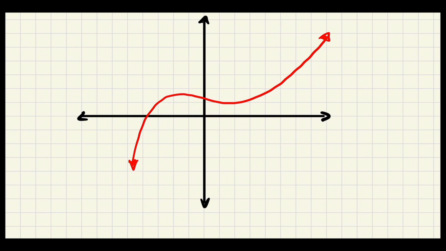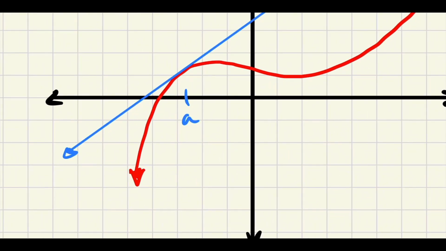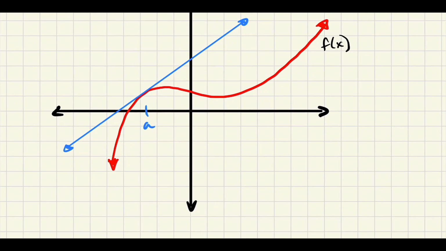I'll draw it in blue. So the blue line is tangent to the red. We'll call the red f of x, at point A.